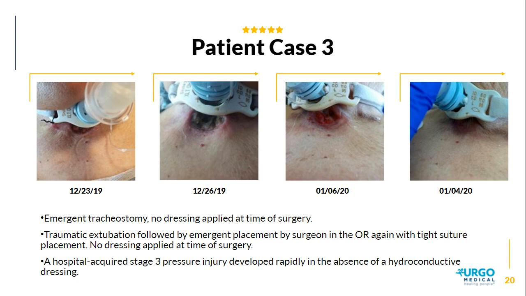She had voice hoarseness and shortness of breath. And she had her first round of chemotherapy actually just a few days prior to her tracheostomy. On Friday, the 18th, she had an emergent tracheostomy placed by the on-call ENT who had not been aware of the dressing evaluation, nor had he been trained on the dressing.